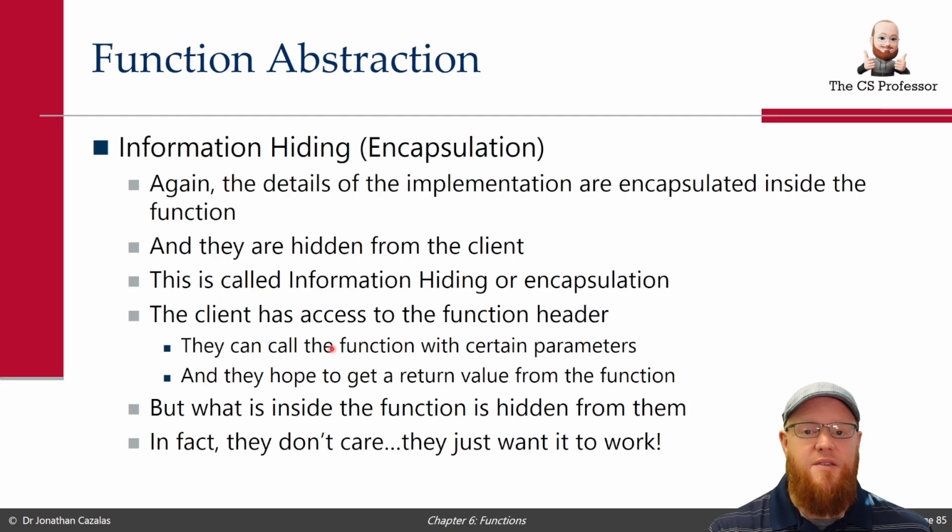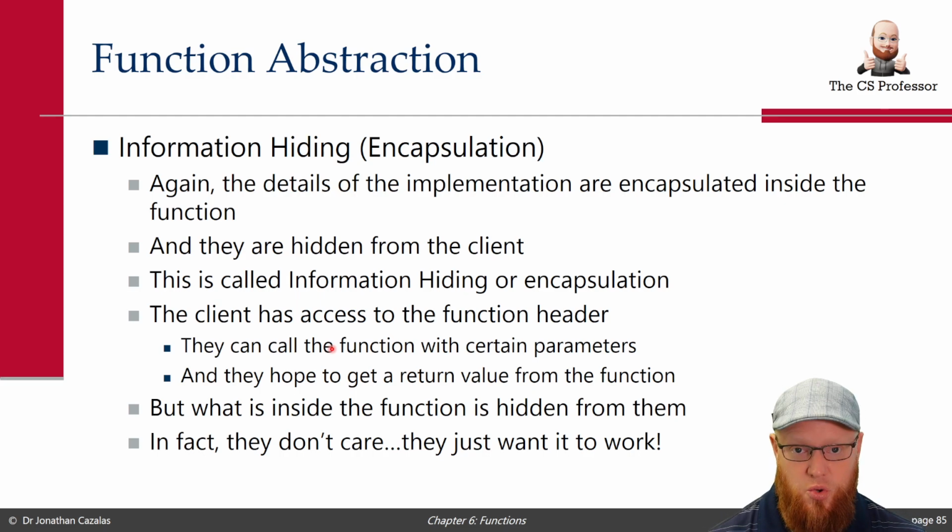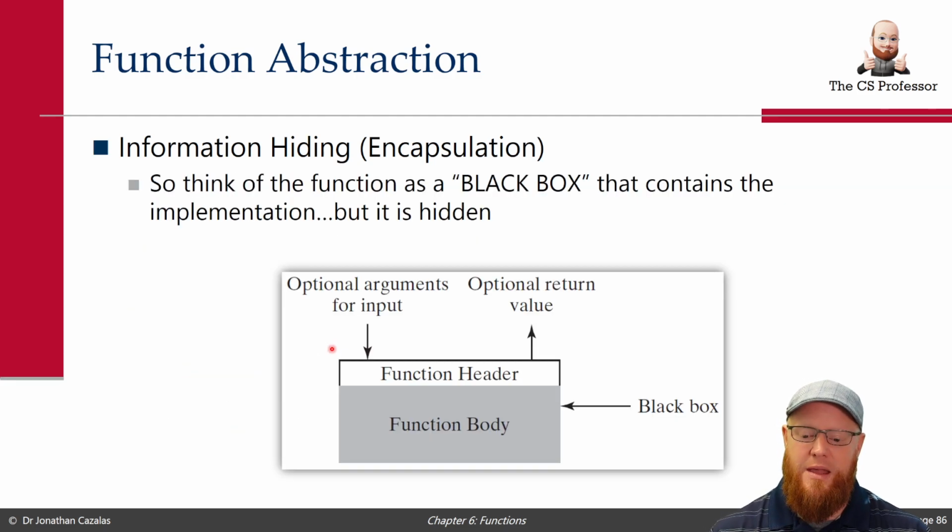The client has access to the function header. That's what they need. They need to know what they're going to send to the function. And then they expect that function to return some result to them. That's all that's important. And so we have this idea in computer science of a black box, where the function is this black box. The reason we call it that is that we don't need to know the inner workings of that box.